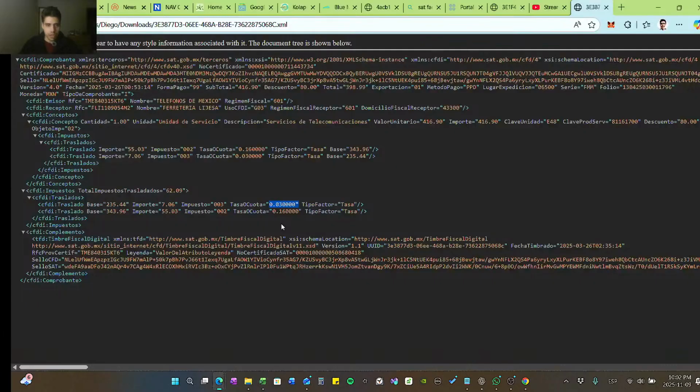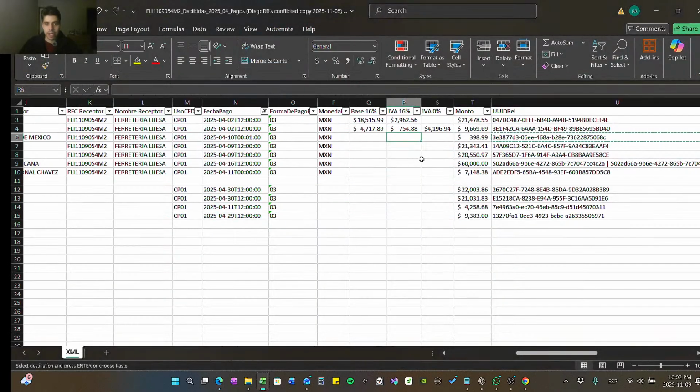So I can then go back and just make a little formula here to understand which is the actual price that I paid for this product or service, because this amount right here is already contemplating taxes, so I don't want that right now.